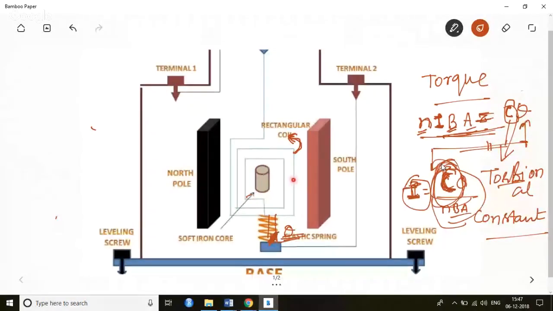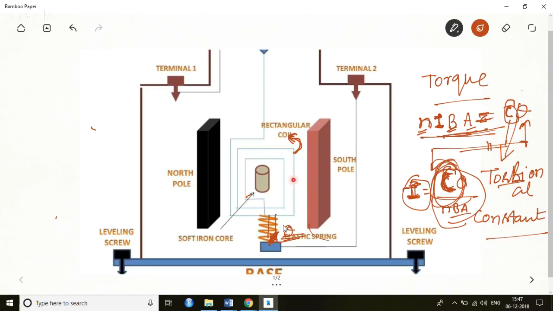See, I'm getting so many questions. Age, cross sectional area of the coil material, and C is torsional. C is torsional constant. I'm not finding Ravi Kiran. Where in the picture? What you are asking? Leveling screws.